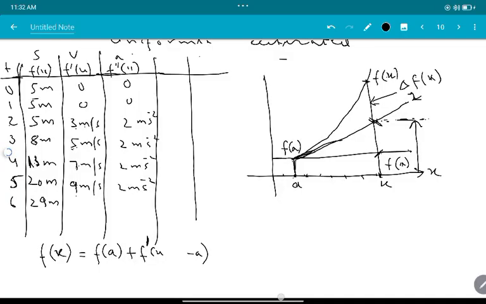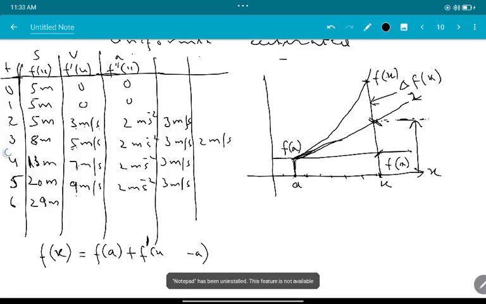I am breaking this velocity into 3 meters per second plus the rest. 3 meters per second is everywhere. But this has something in addition to 3 meters per second. Now write that additional part.